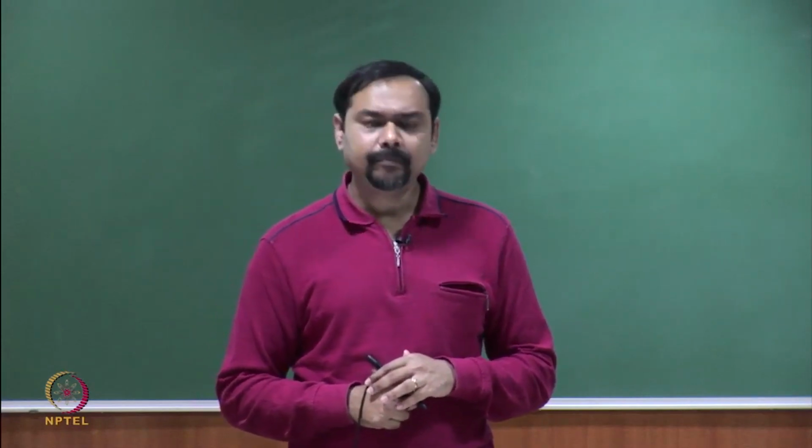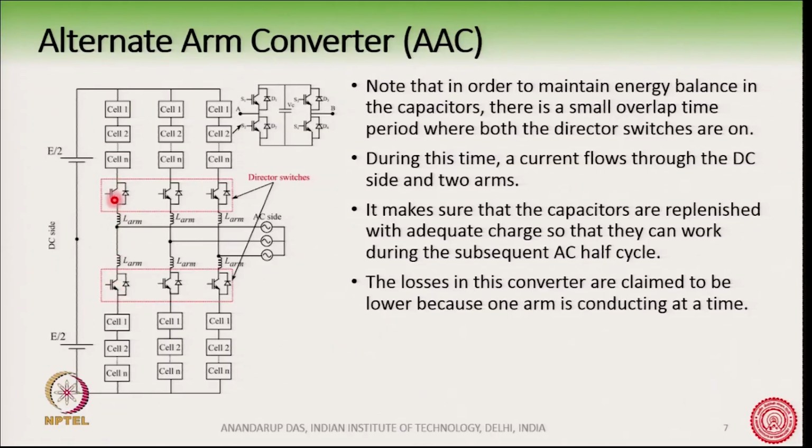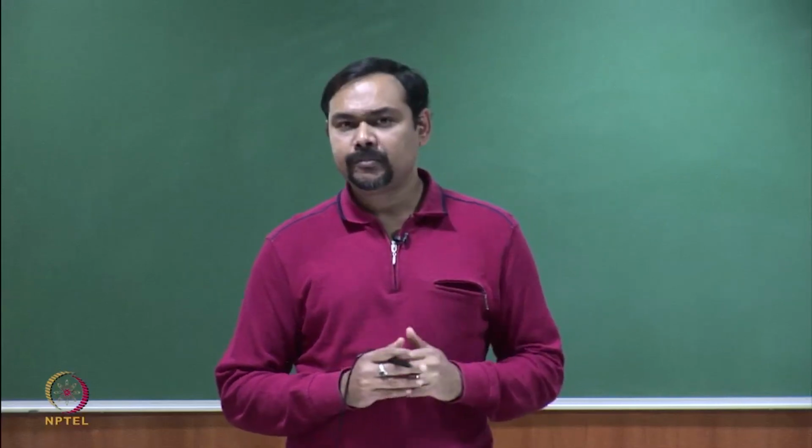During the overlap time, these two switches, for a brief period of time, are turned on, and so the DC will flow through this whole arm and will replenish the capacitor. So, this is an alternate strategy. Okay. This is an alternate strategy as compared to MMC.